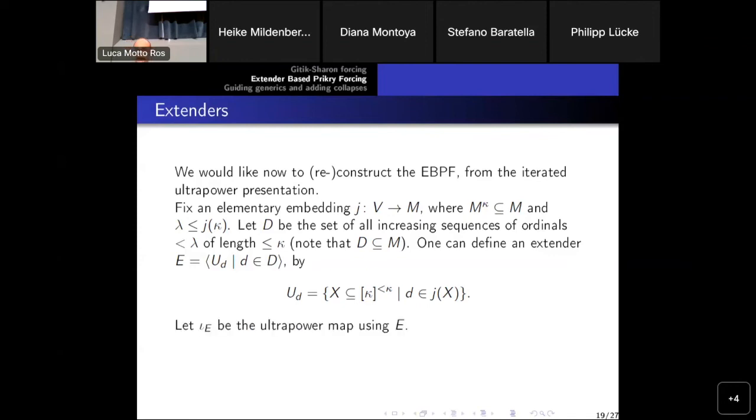This extender has a nice feature that the projection maps are really easy to describe, they are simply the restrictions.